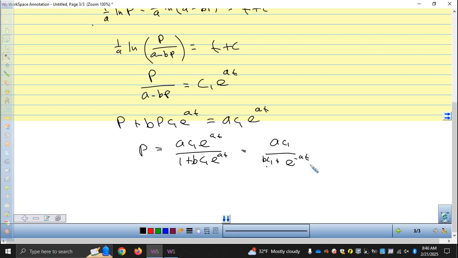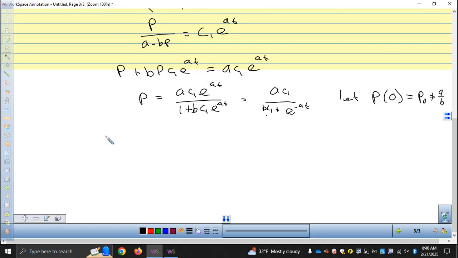So this is our equation. Now I'm going to put in an initial condition. We're going to let P of 0 be P sub 0, and this is not equal to A over B. So we substitute this, and we get P0 equals A C1 over 1 plus B C1.